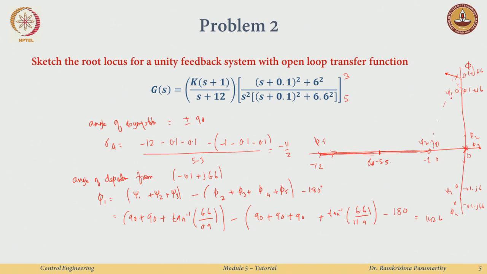Okay. Similarly, I could also compute what is the angle of arrival here. The angle of arrival here would again depend on all the other contributions, right, and that we could easily compute by doing all the same things, to be similarly about minus 142. So, just arriving from here at an angle of minus 142 approximately, right. Because there will be some little change because of this 0.6 number.